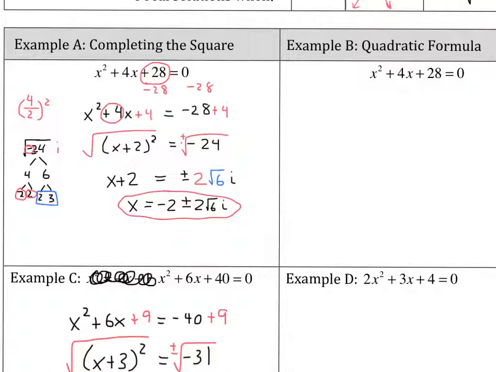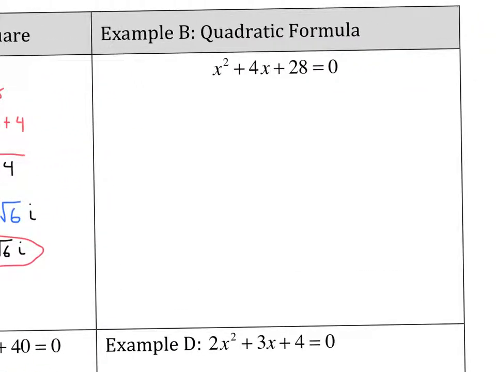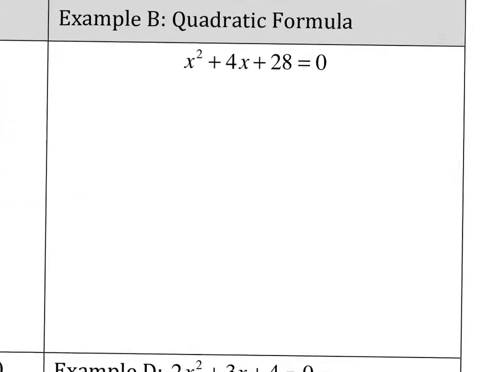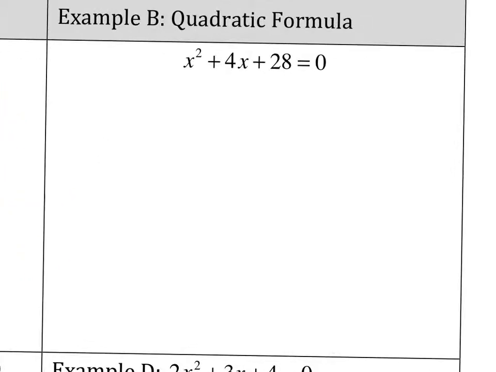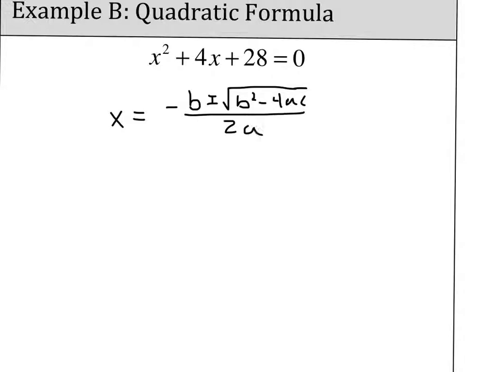All right, so now let's attack, kill, destroy. Example B. So we're going to solve this equation by using the quadratic formula. And if you recall, the most famous: x equals -b plus or minus radical b squared minus 4ac, all over 2a.